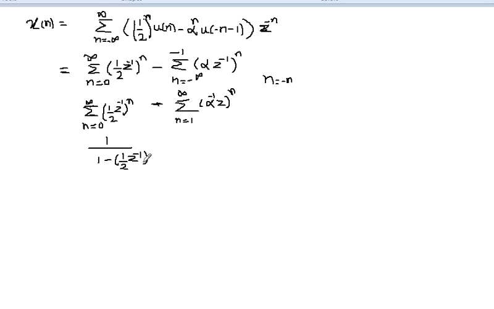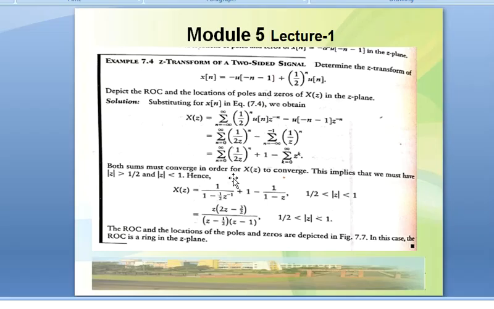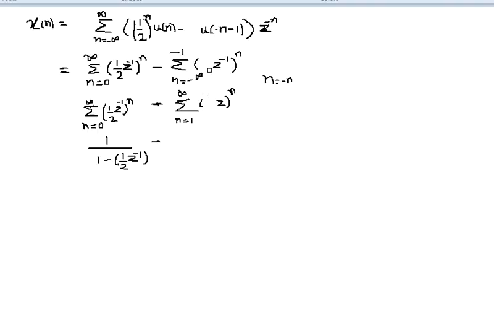And minus, for this we need to write n is from 1 to infinity. Now here alpha is there, as our problem is not having the alpha, it is just minus u of minus n minus 1. So there is no alpha here. Let's consider alpha is 1, then we get z to the power n. So when we write, it is simply z to the power n.